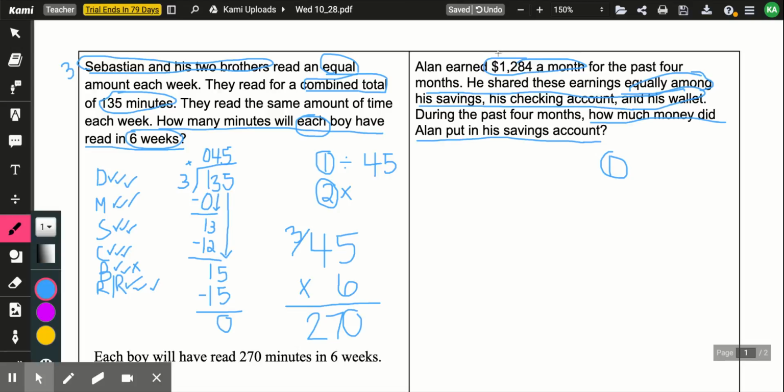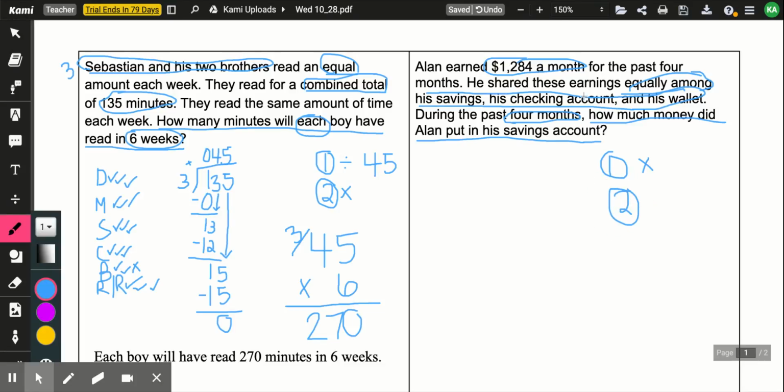So now, if it's 1,284 a month, we want to know about 4 months though. What do you think we would do there? We're going to multiply as our first step. So then our second step, what did he do?